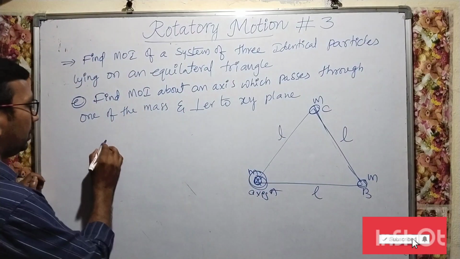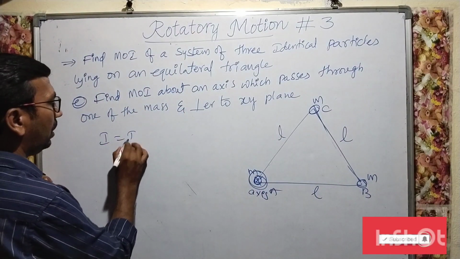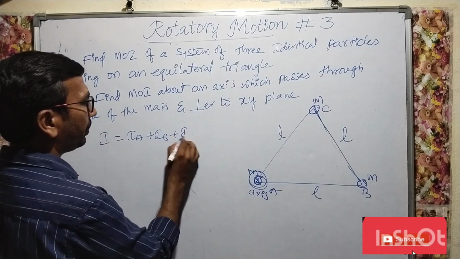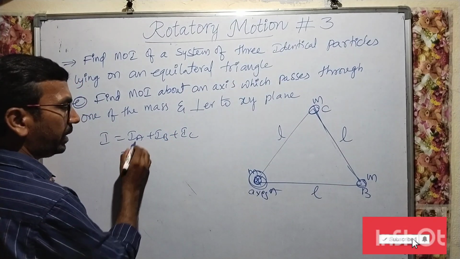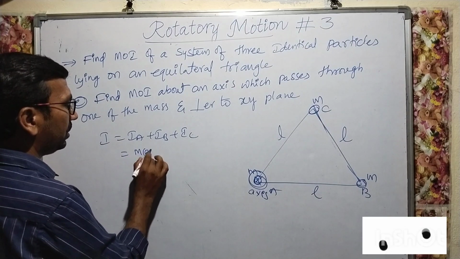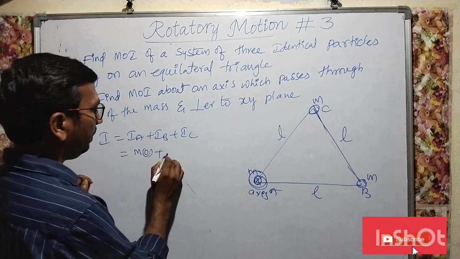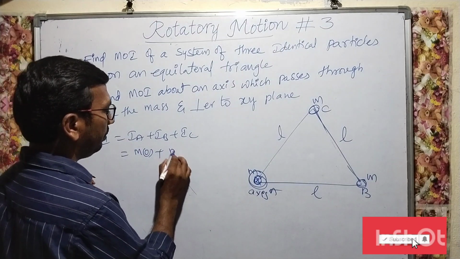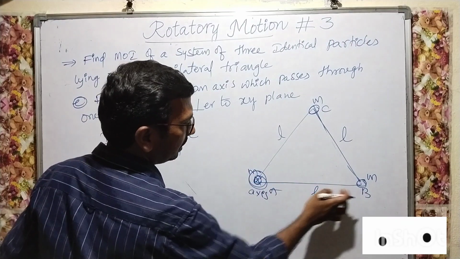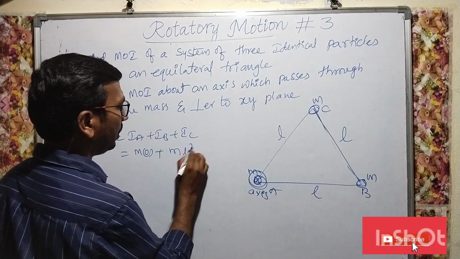So here you can consider I is equal to IA plus IB plus IC. Here IA is equal to m into 0, since the perpendicular distance is 0. For the B particle, m into the perpendicular distance from this axis, which is L, so mL square. Plus for C, from the axis to this point the perpendicular distance is L, so mL square.